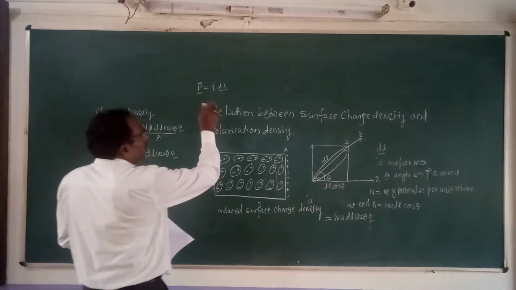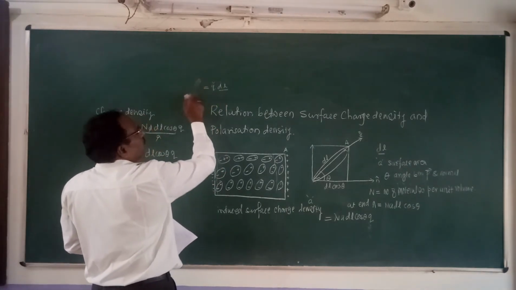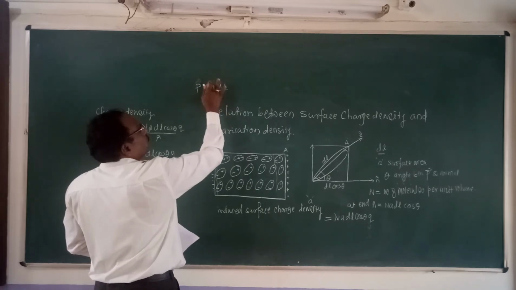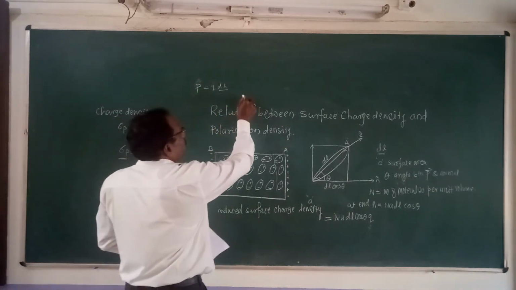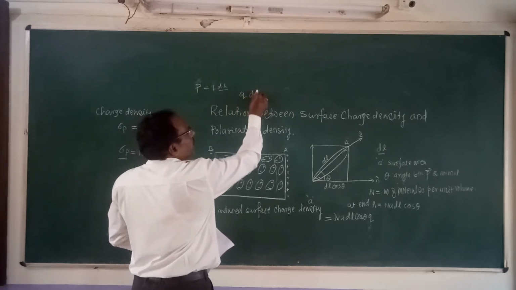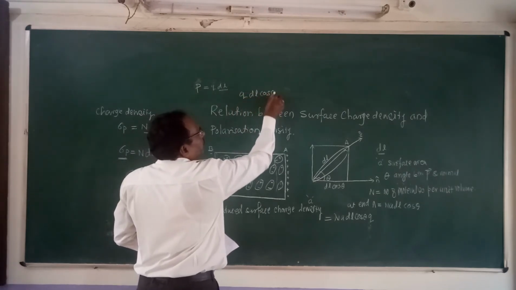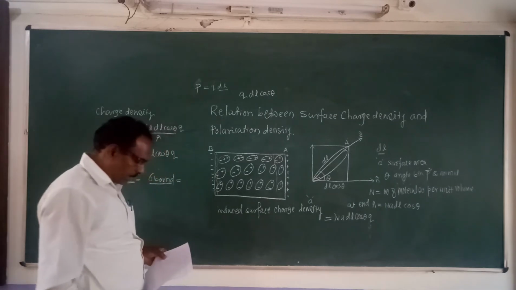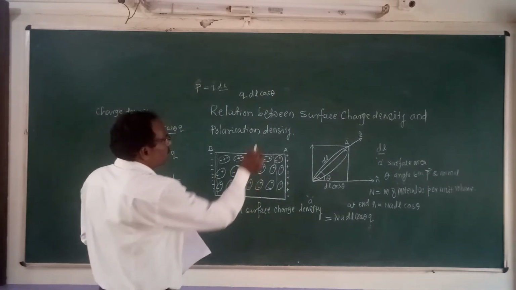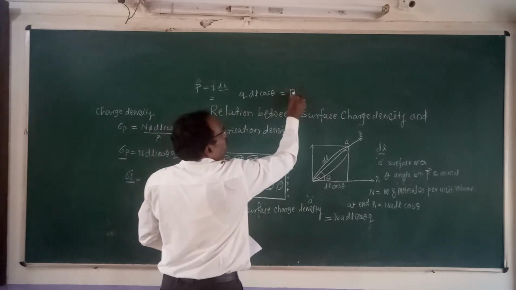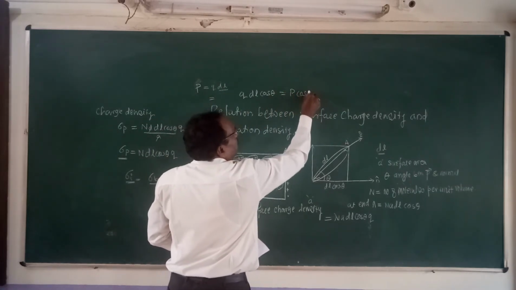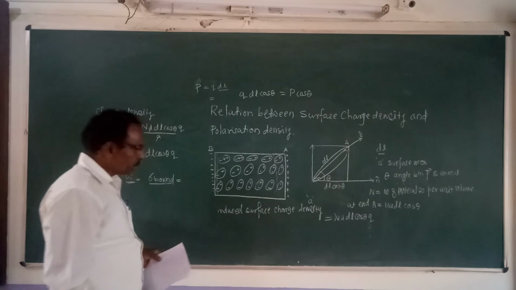Taking only the magnitude, P is Q dl cos theta, or P cos theta.